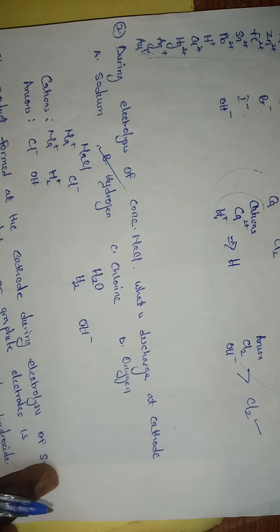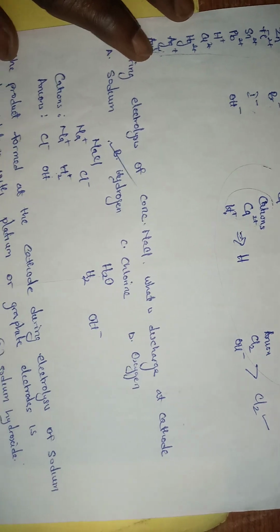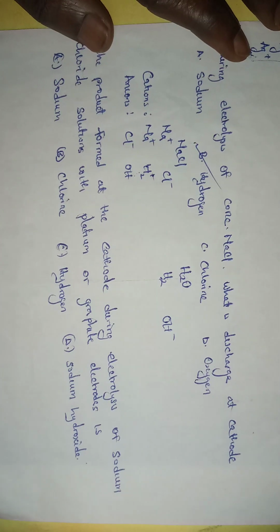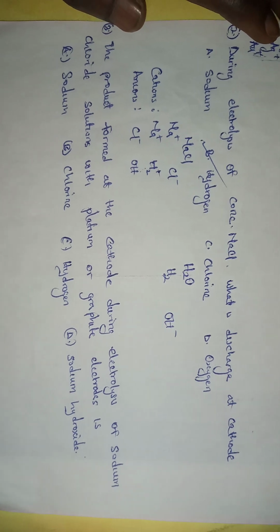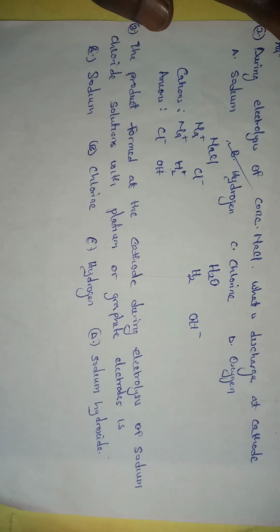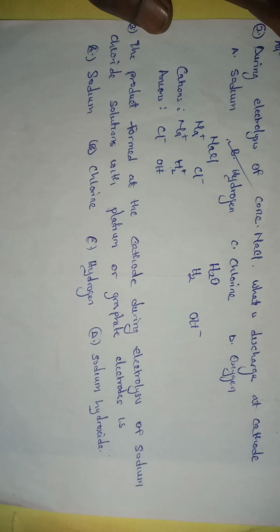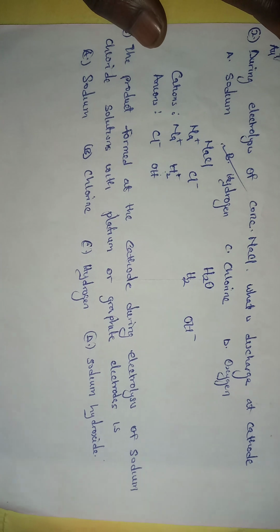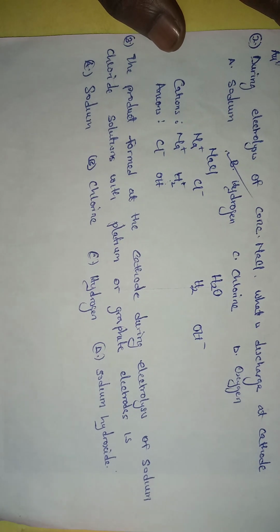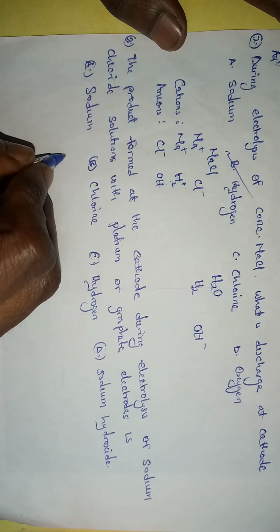So the last question that I have here, they said that the product formed at the cathode during the electrolysis of sodium chloride solution with platinum or graphite electrode is what? They didn't even mention anything like concentration here. So we are going to write it the same way we have been doing it.